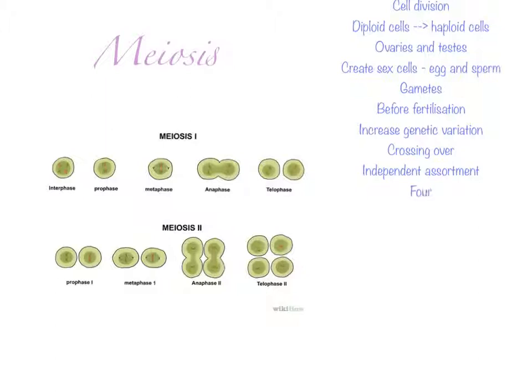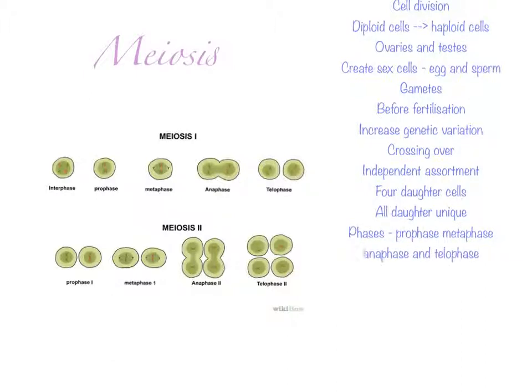We create 4 daughter cells, which are all unique, unlike mitosis, where all the daughter cells were the same. And just like mitosis, we have the processes of prophase, metaphase, anaphase, and telophase.